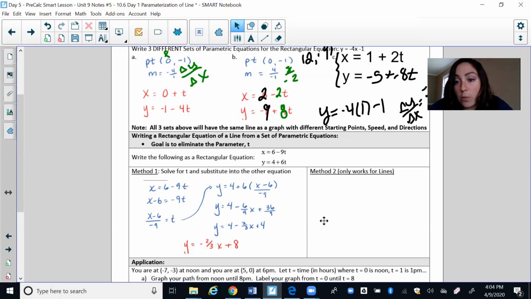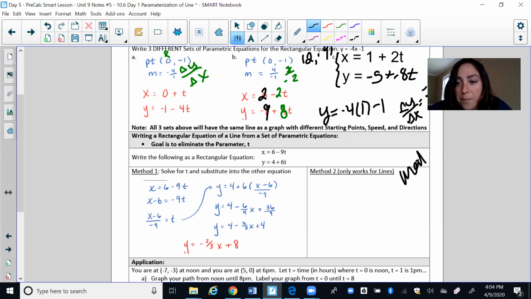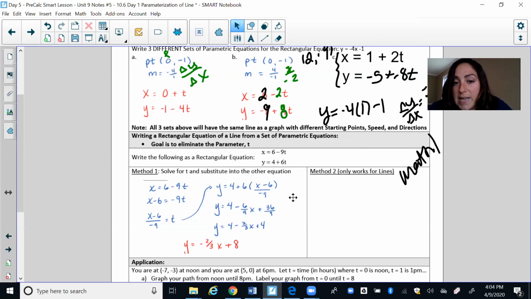So I call this the Math 1 method because it's the exact same thing that we would have done when we were in Math 1. In order to do this, we can take the fact that (6, 4) is a coordinate on our line, and our slope is change in y over change in x, so 6 over -9.